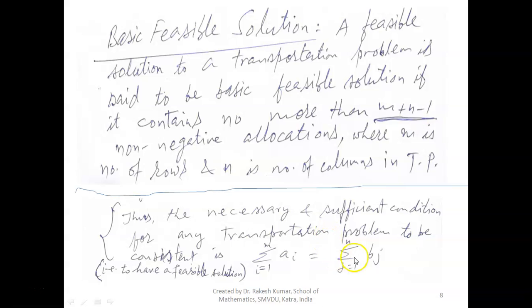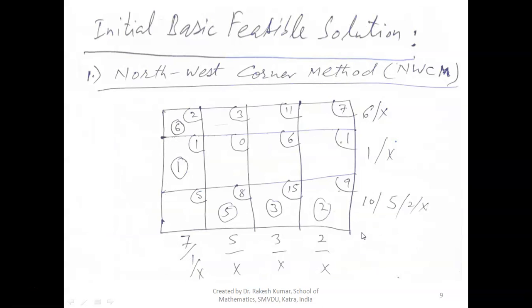Suppose that this is not equal, in that case the transportation problem is unbalanced, and before solving it we have to make it balanced either by adding dummy supply centers or dummy demand centers. Only then we can solve it.